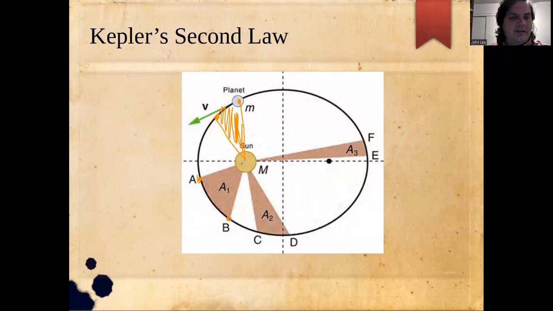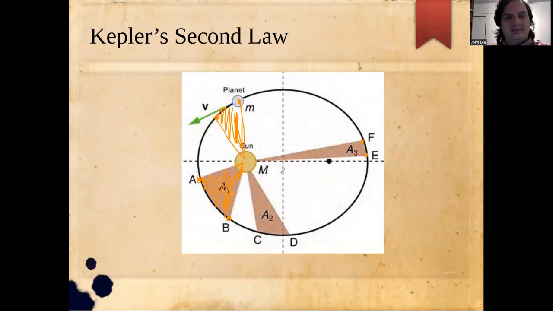So even though this radius, how far out you are from the sun, isn't as big, you're able to create an equal area. As you look over the course of, let's say, 3 weeks, that's going to sweep out an equal area as if you're far out, for area from E to F, where you're going a lot slower, but you're a lot farther out.